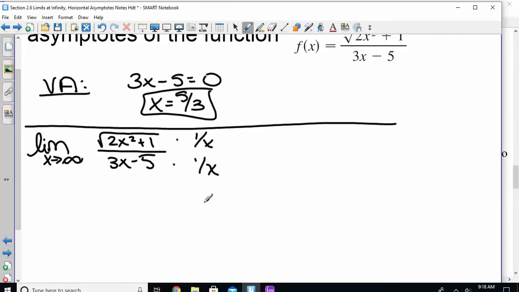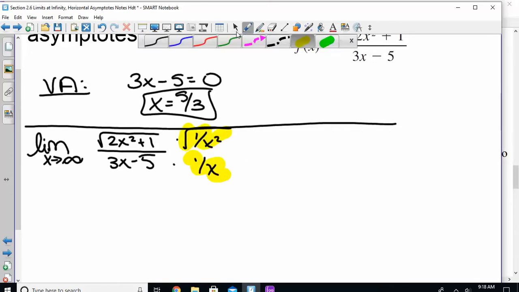Now on the top, if I just do that x, can I bring it under the square root? No, so how should I? We can think of this as the square root of 1 over x squared. Okay. These two things have to be equivalent.